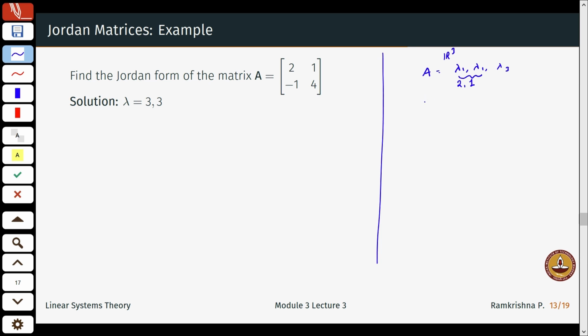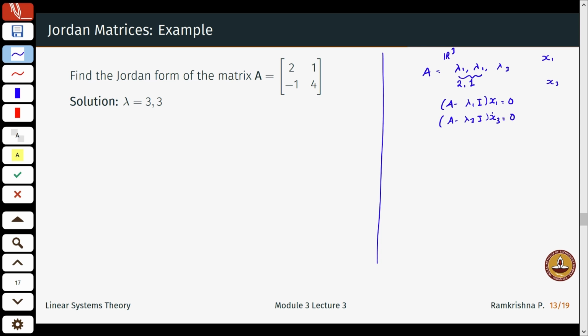I can find two independent eigenvectors, let me call them x1 and x3. These will come as solutions of A minus lambda 1 I times x1 equal to 0 and A minus lambda 3 I times x3 equal to 0.